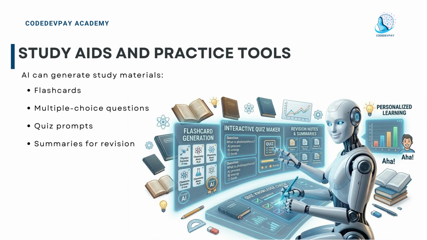So, to summarize all that I've said, AI accelerates research and learning, but cannot replace critical thinking. Its outputs are starting points that require human evaluation and reasoning to ensure accuracy and depth of understanding.